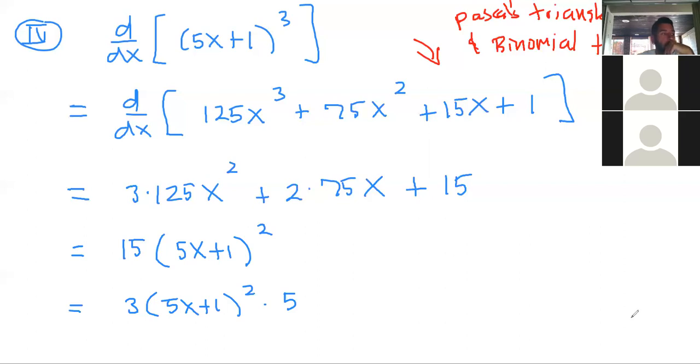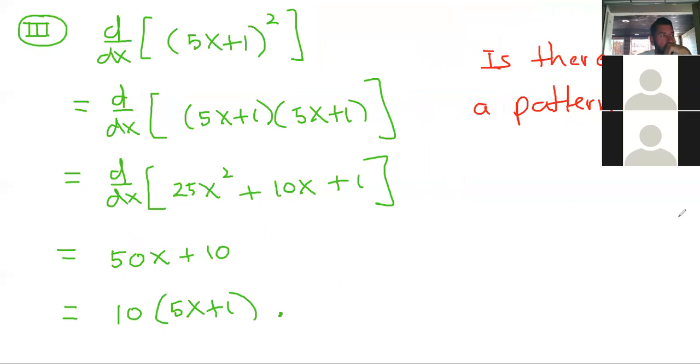So if we go back to the previous example, instead of writing this as 10 times 5x plus 1, I might get cute and write this as 2 times 5x plus 1 to the power 1 times 5.